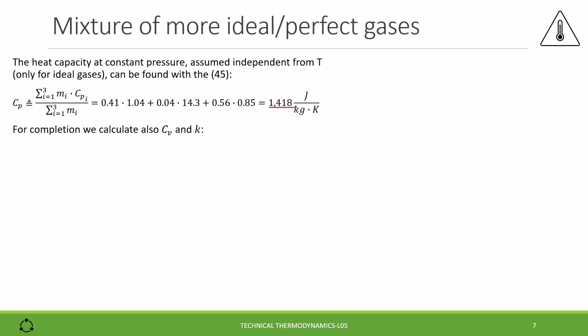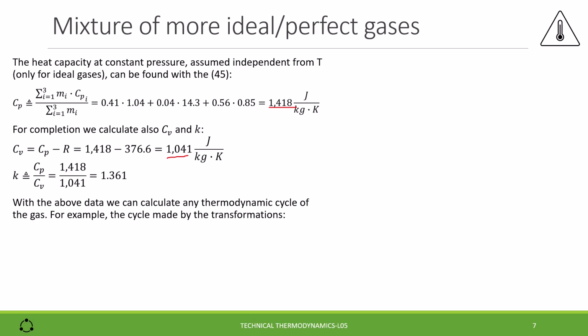For completion, we calculate also Cv and K. Cv is Cp minus R, 1041 joule per kilogram per Kelvin, and K is the ratio between Cp and Cv, 1.361, dimensionless.